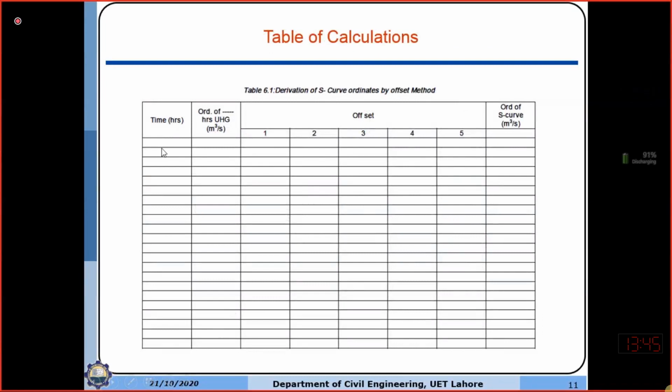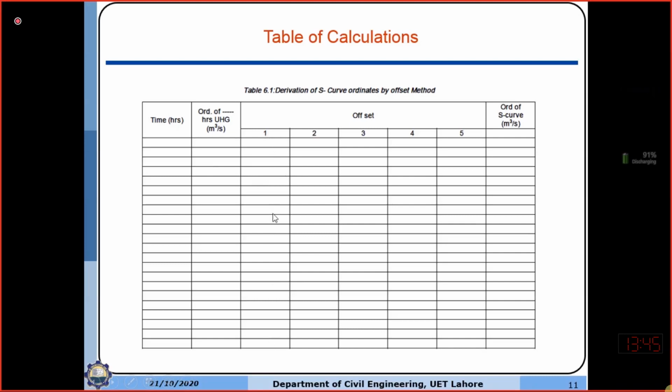Now you will put over here the data given to you: time in hours 0, 1, 2, 3 up to 21, and the ordinates of the 4 hour unit hydrograph. These are also given in the table at the end. The first offset will be the same unit hydrograph lagged by 4 hours, so its first ordinate will start from the 4th hour.